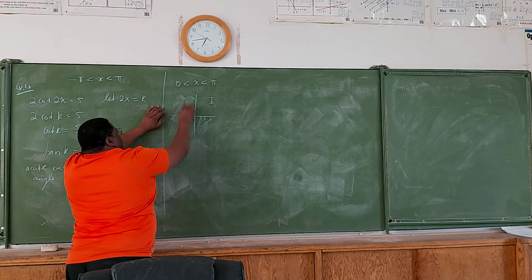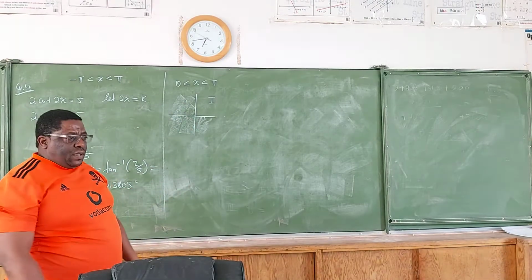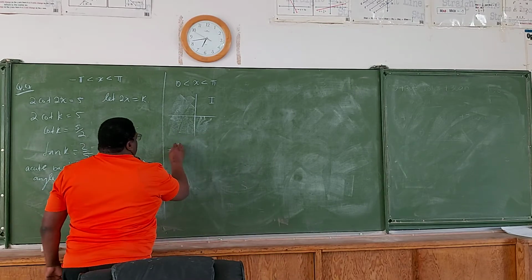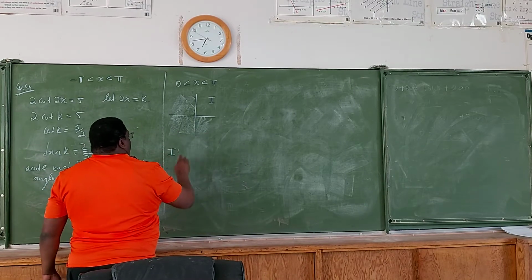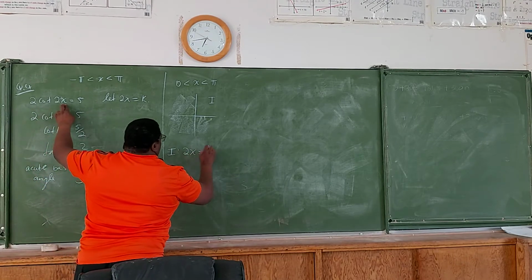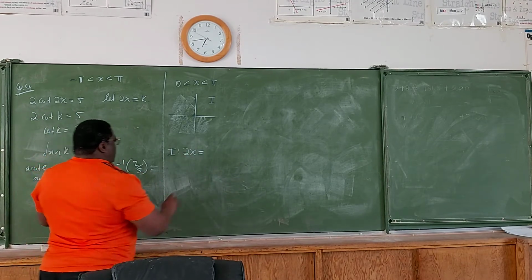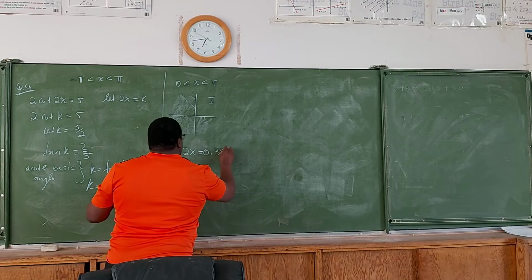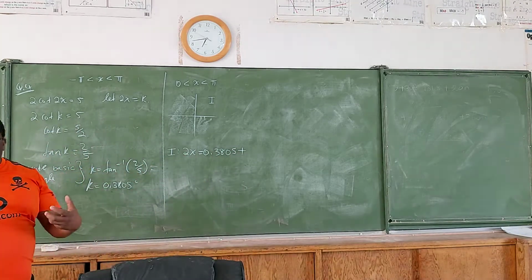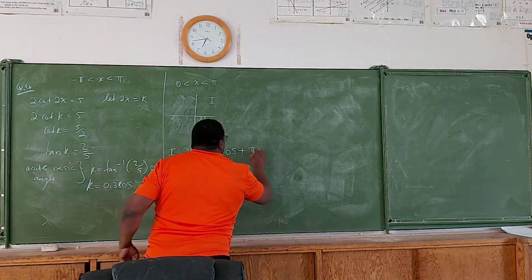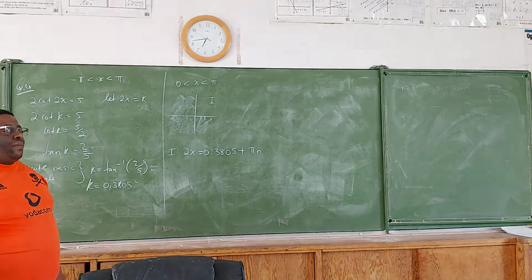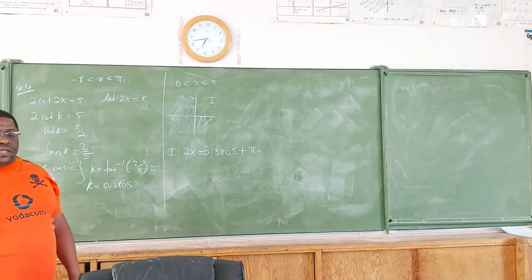So in this first quadrant, I'm going to have 2x equals 0.3805 plus pi n, because it repeats after every pi radians or 180 degrees.